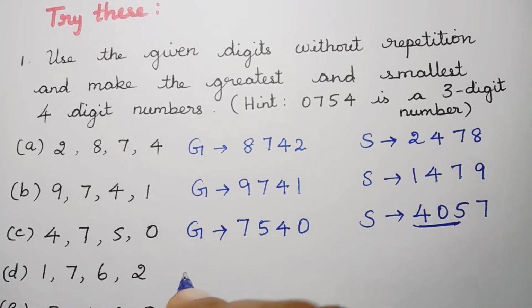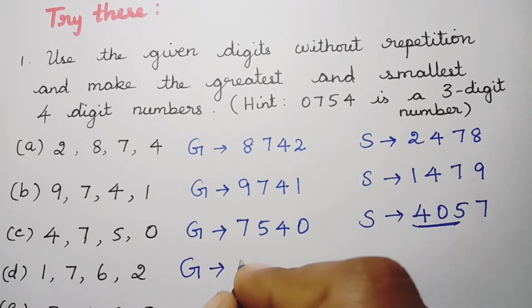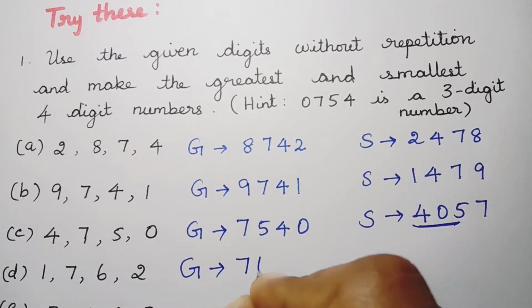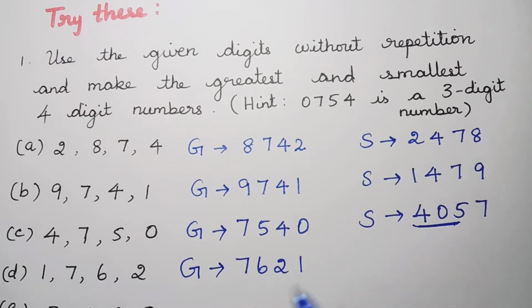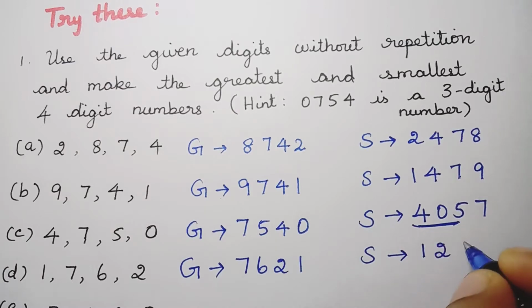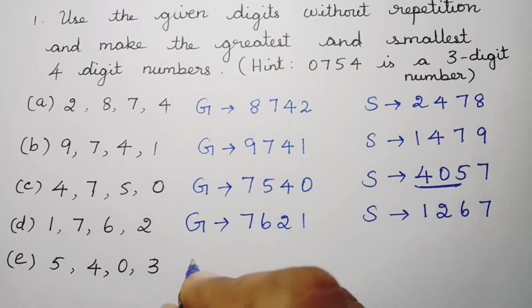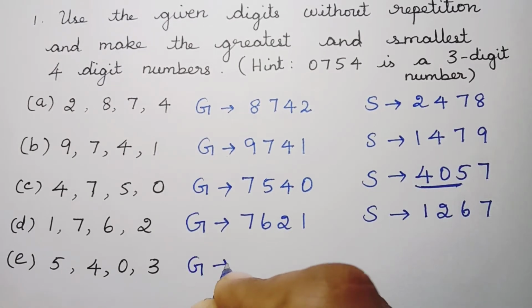So next question, here also no 0 is there, so you can just simply write it in the descending order: 7, 6, 2, 1. The smallest number will be 1, 2, 6, 7. Fine. So the next number, here you have 0. Finding the greatest number is not an issue.